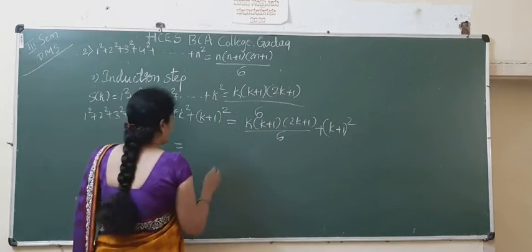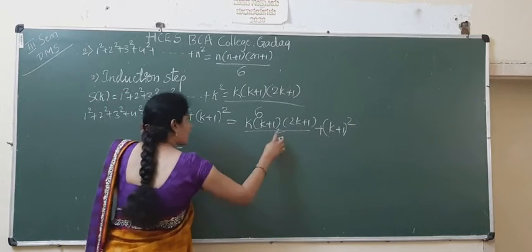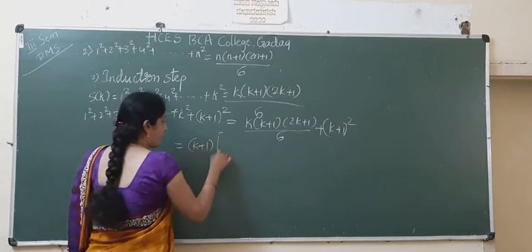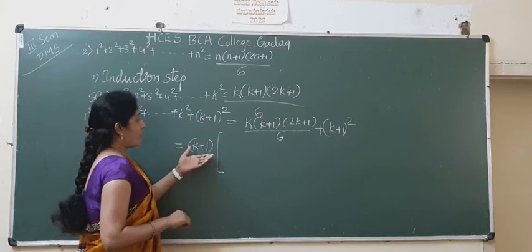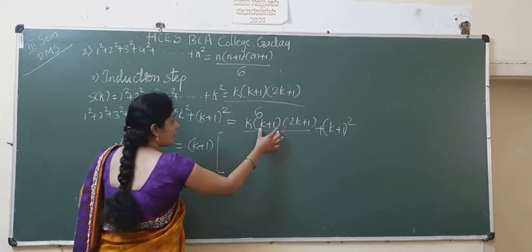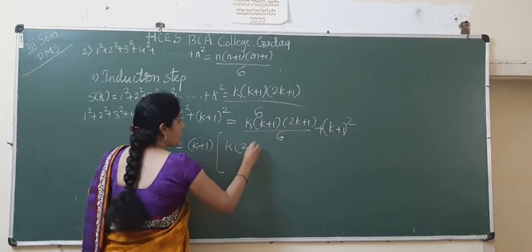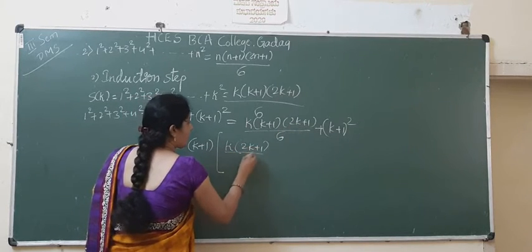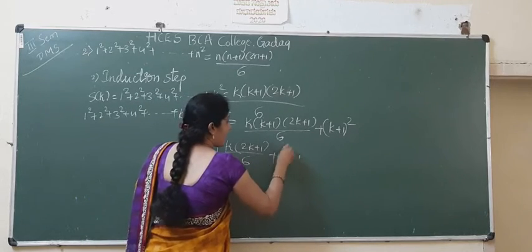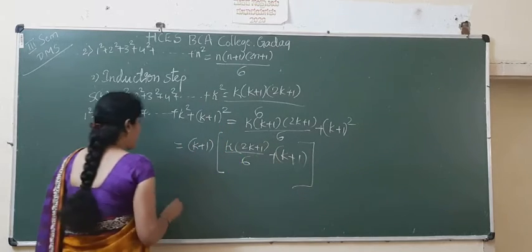Now which is common here? In both the cases, k plus 1 is common. Therefore, if you take k plus 1 from both the sides, here what is remaining? k into 2k plus 1 divided by 6 plus, and here if you take only k plus 1, the remaining is k plus 1.